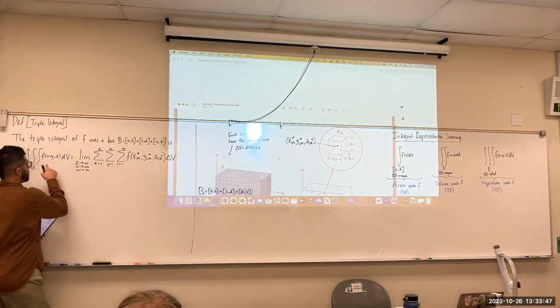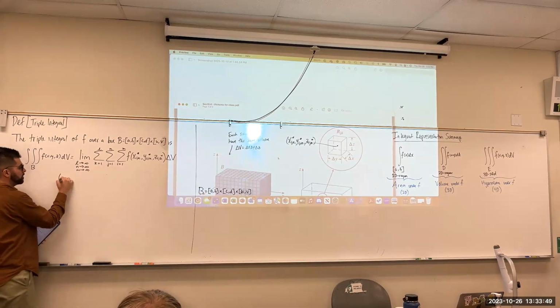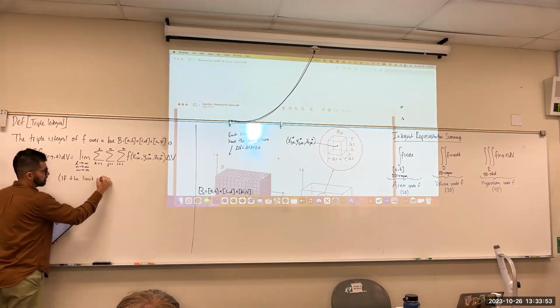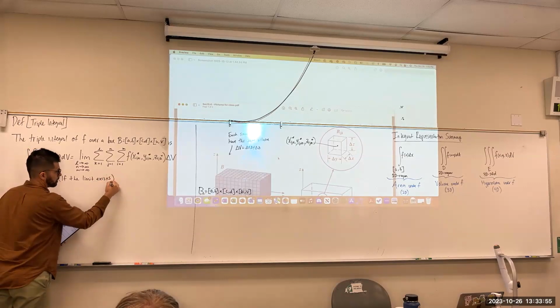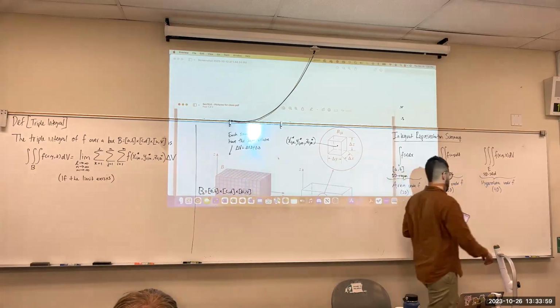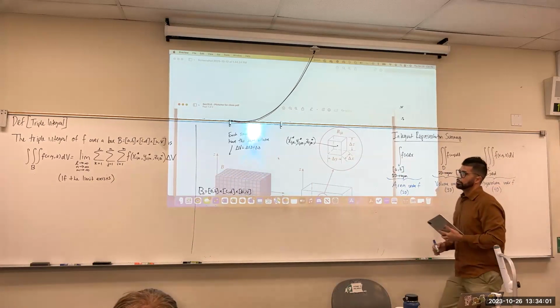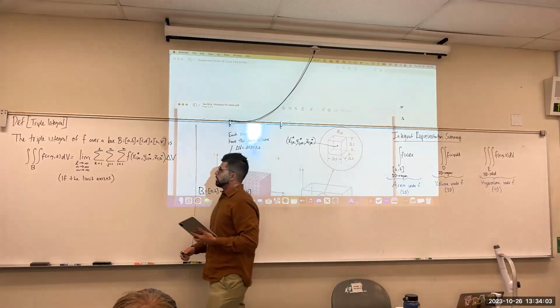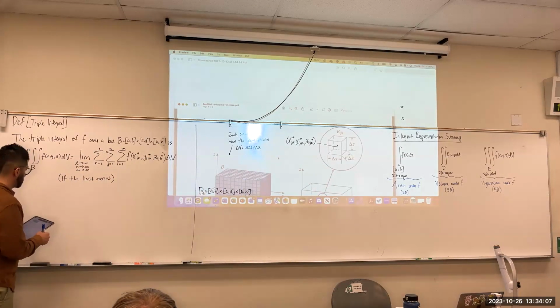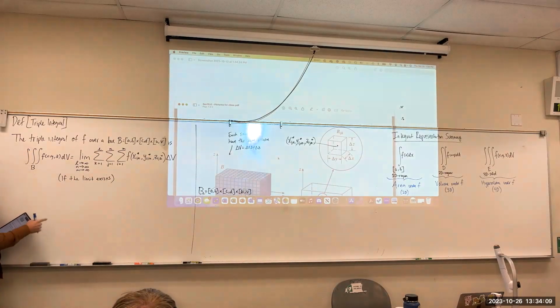And so we're going to say a triple integral is defined as this disgusting sum if the limit exists. So if it does exist, remarks.